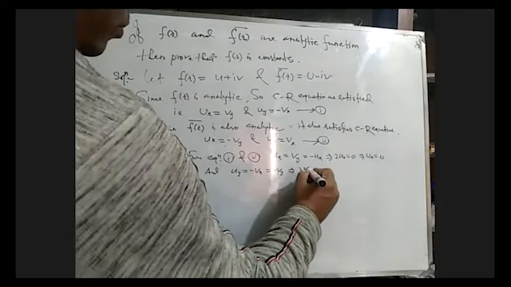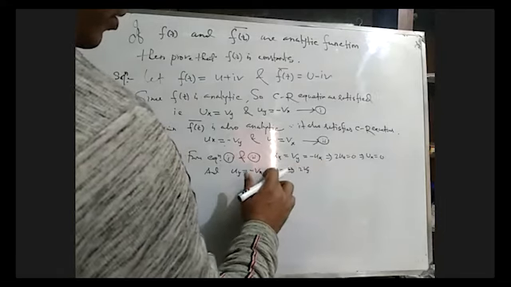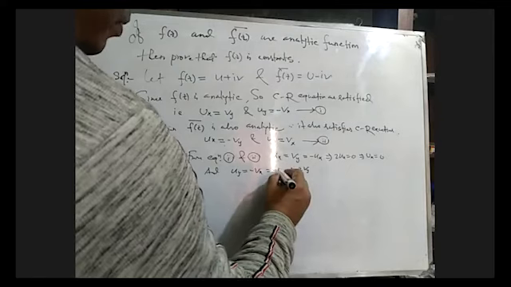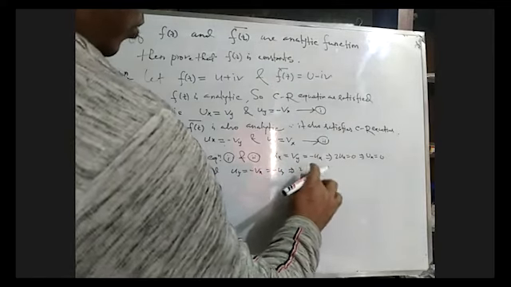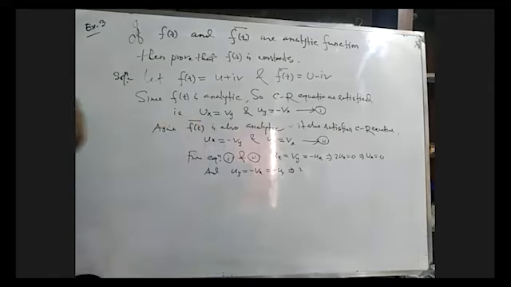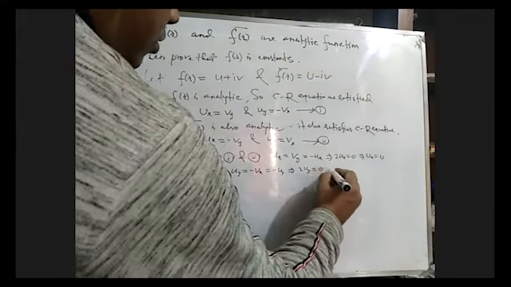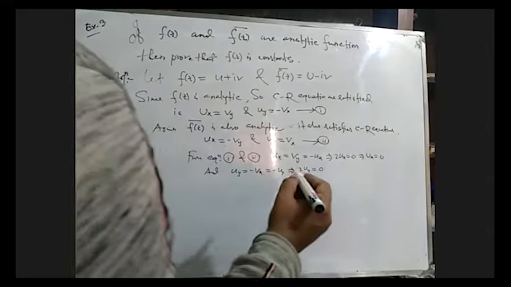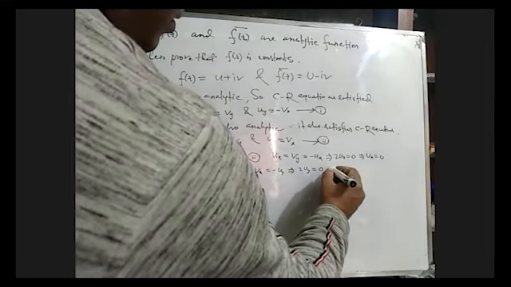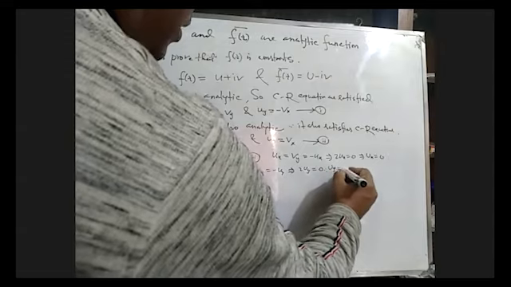Similarly, twice uy equals to 0. That means uy equals to 0.